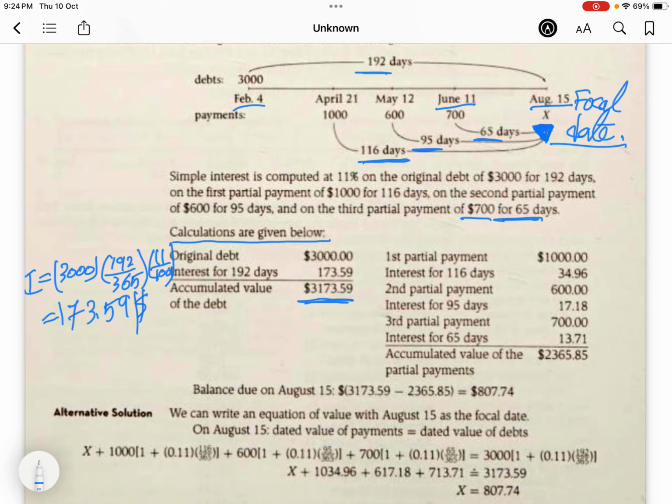Accumulated value for the debit, and here the first payment, 1,000, interest on 116 days. You will calculate I1. It will be 1,000 multiplied by 11 multiplied by 116 divided by 36,500.